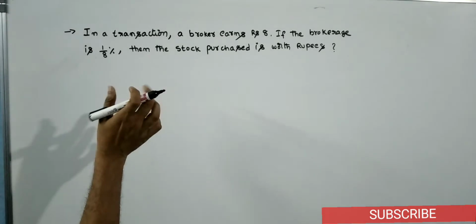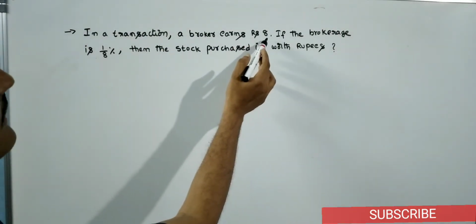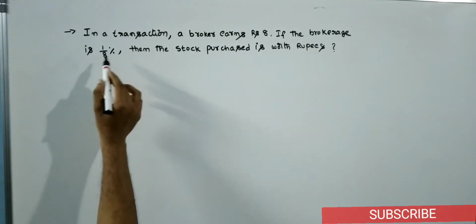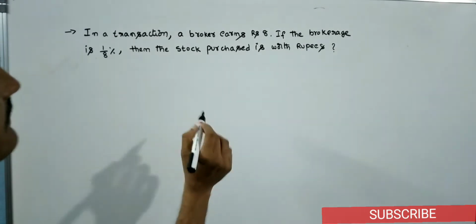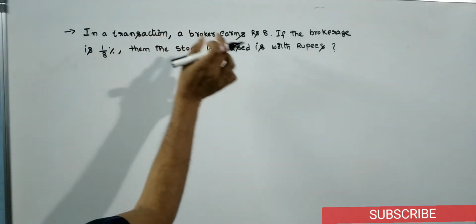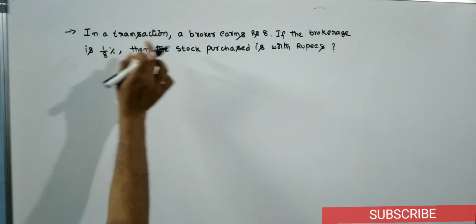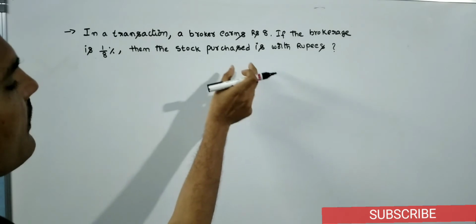See friends, next problem. In a transaction, a broker earns ₹8. If the brokerage is 1/8%, then the stock purchased is worth how many rupees? The broker got 8 rupees. Then what is the stock purchased cost?